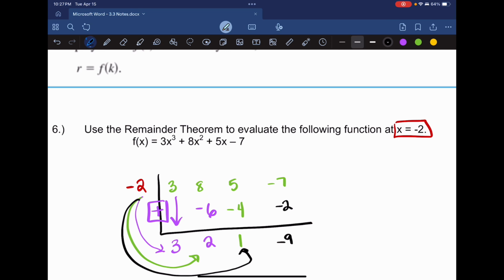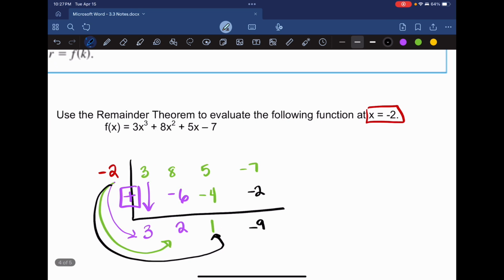Now, a couple things we can tell from this. The first thing we know is how to write it. We talked about our leading coefficients. This would be 3x squared plus 2x plus 1. And then we'd have a remainder of negative 9 over x plus 2. So that's one thing we know.